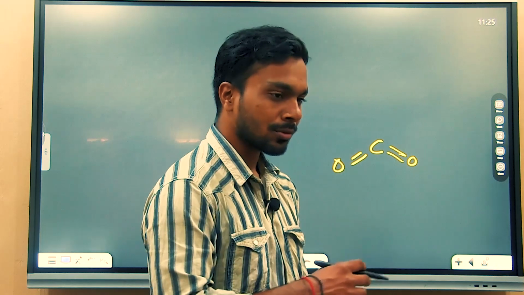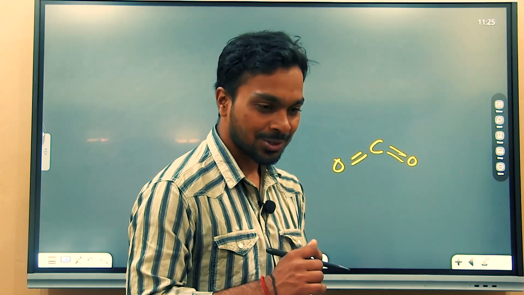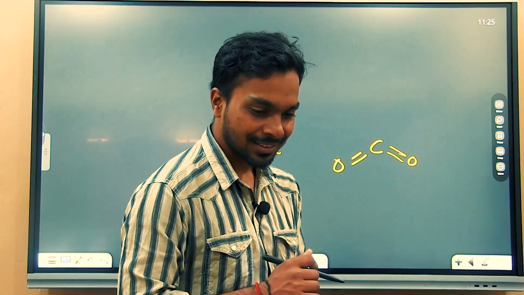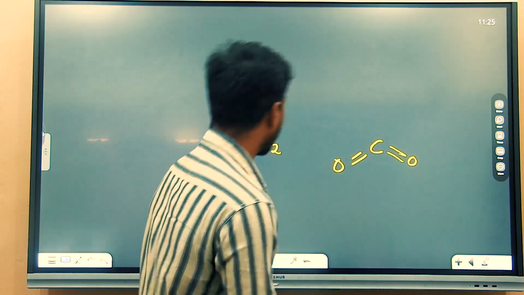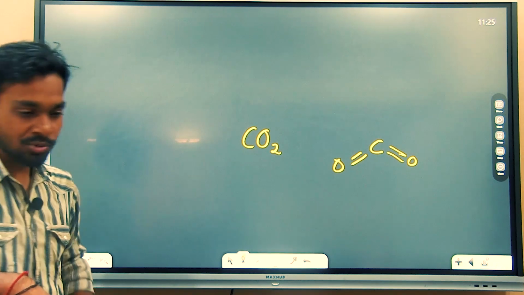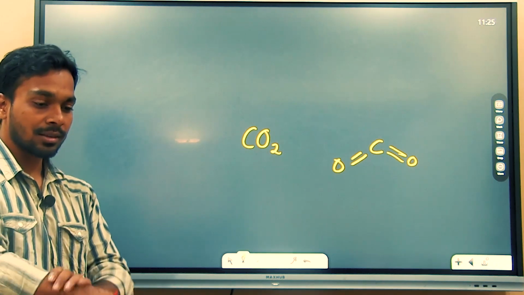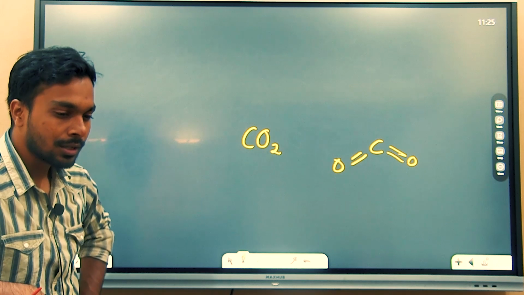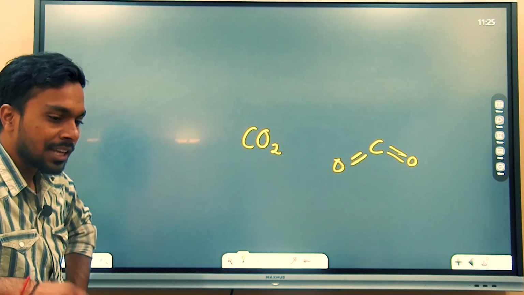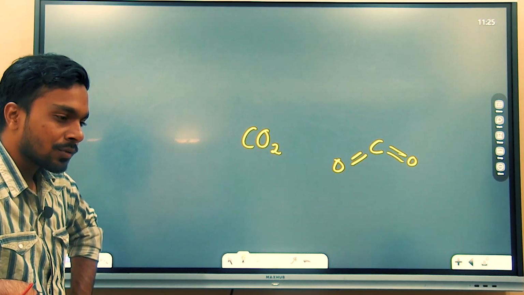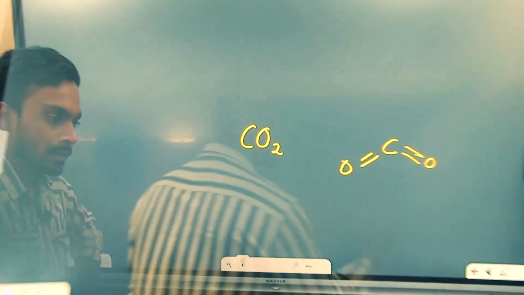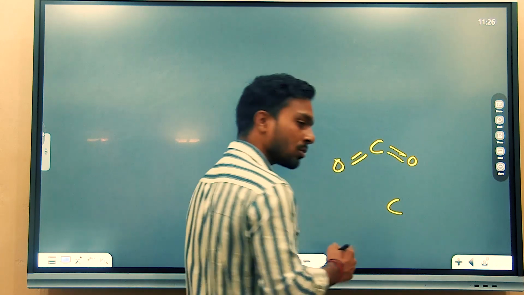I have taught you. You don't have to look on the internet for the Lewis dot structure. Try to learn at least 20-30 elements, their atomic numbers and atomic mass numbers. It's very important.